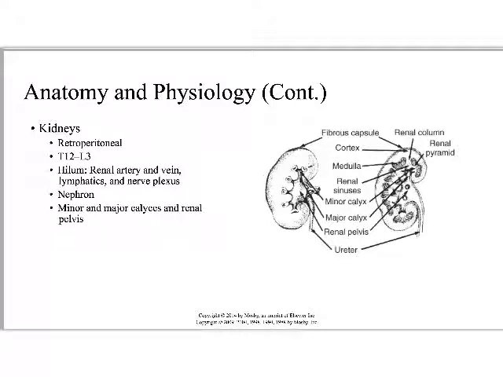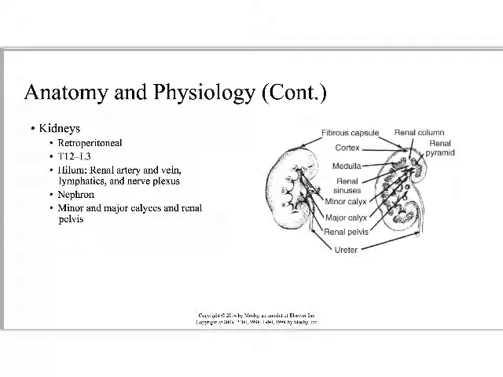But then this little gap here is called the hilum. You'll notice it includes things like the renal pelvis, the ureter, and the blood vessels running to and from the kidneys. So be familiar with both renal pelvis and hilum.